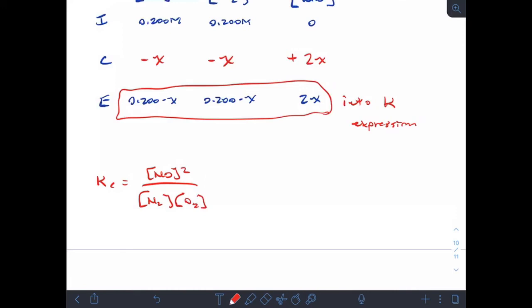I'm going to plug these equilibrium line expressions into my K expression. So what we'll end up with is 0.10 equals 2x squared over 0.2 minus x times 0.2 minus x.